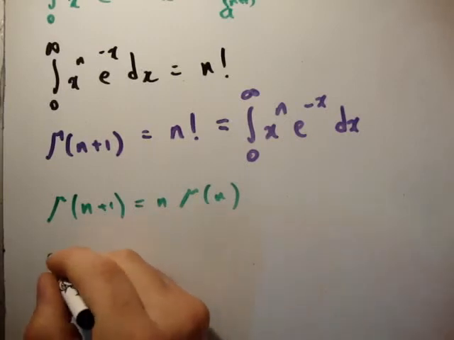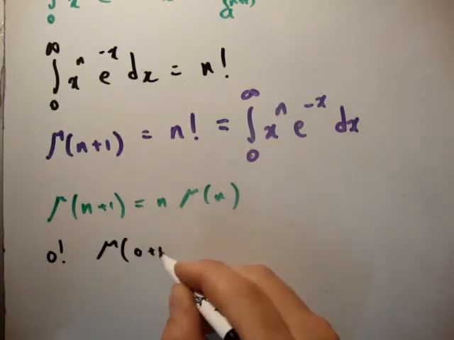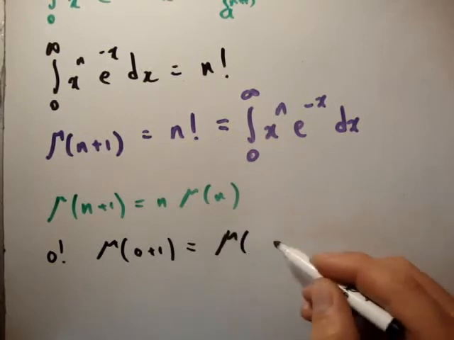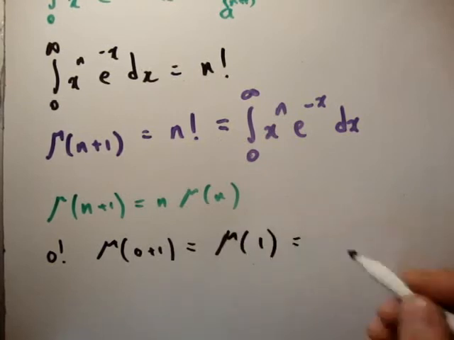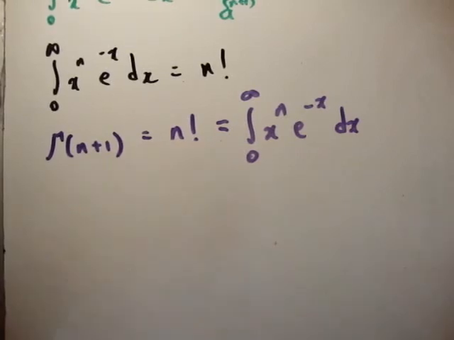If you want to get 0 factorial, we look at the gamma of 0 plus 1, which is equal to the gamma of 1, and that's equal to 1. So 0 factorial is equal to 1. And if I was to give an educated guess, I'd say that's why we define the gamma function as n plus 1 rather than as n, to account for 0 factorial.